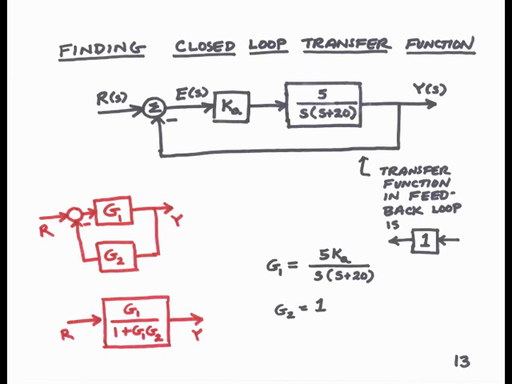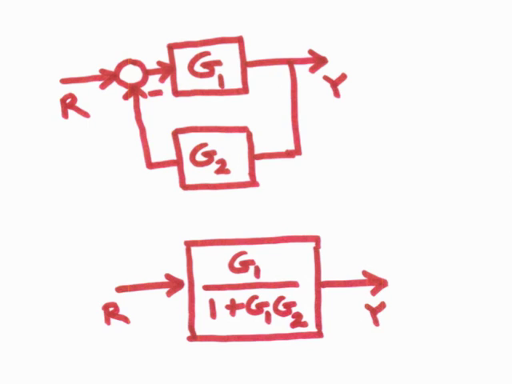So if you don't see a transfer function in the feedback loop, if none is present, like in this diagram, then you know that transfer function is 1. So, comparing to our standard diagram, in the forward path, if we had a transfer function G1, and in the feedback path, we had a transfer function G2, and we have negative feedback, then the closed-loop transfer function between the input r and the output y will be G1 divided by 1 plus G1 times G2.